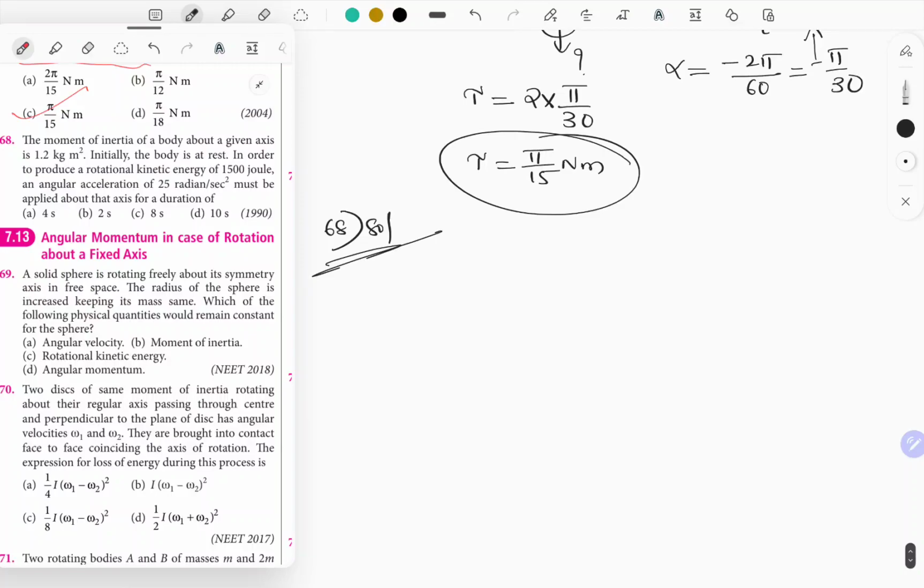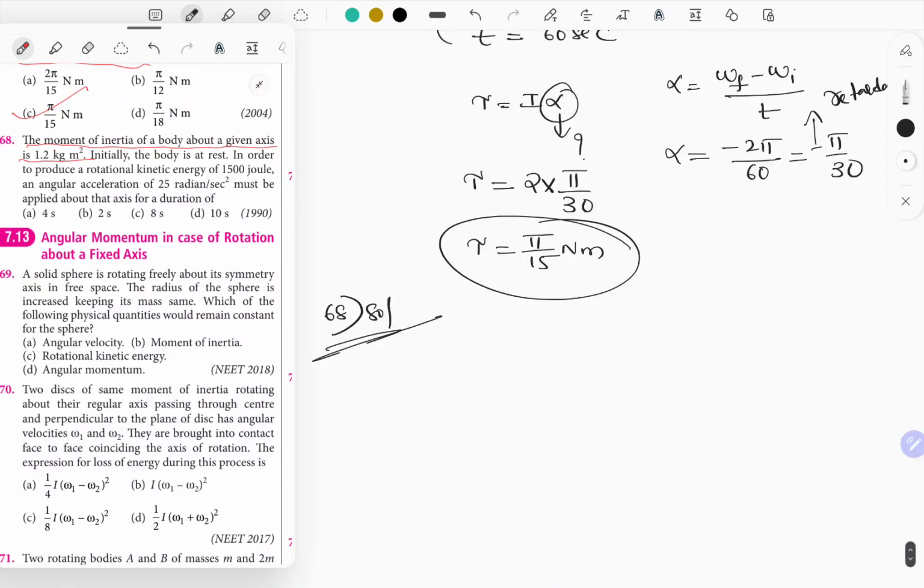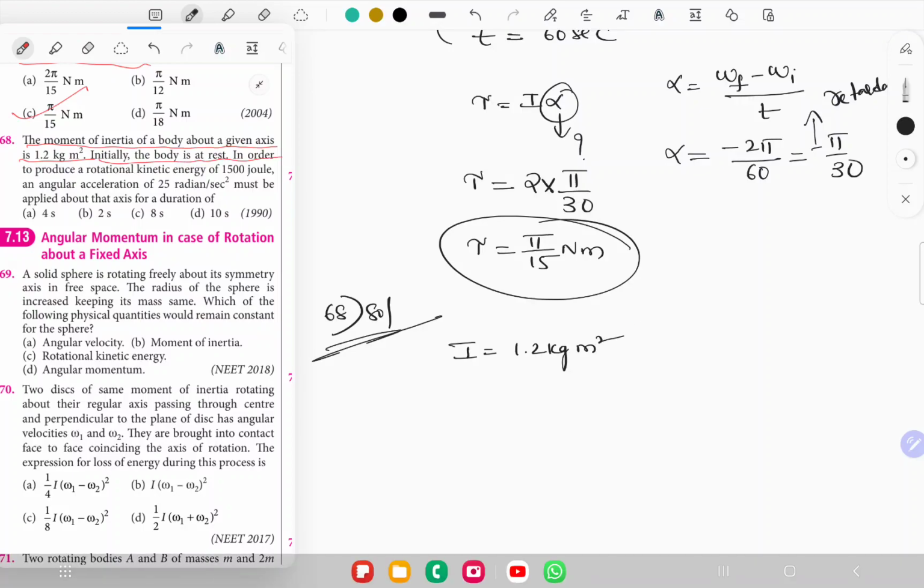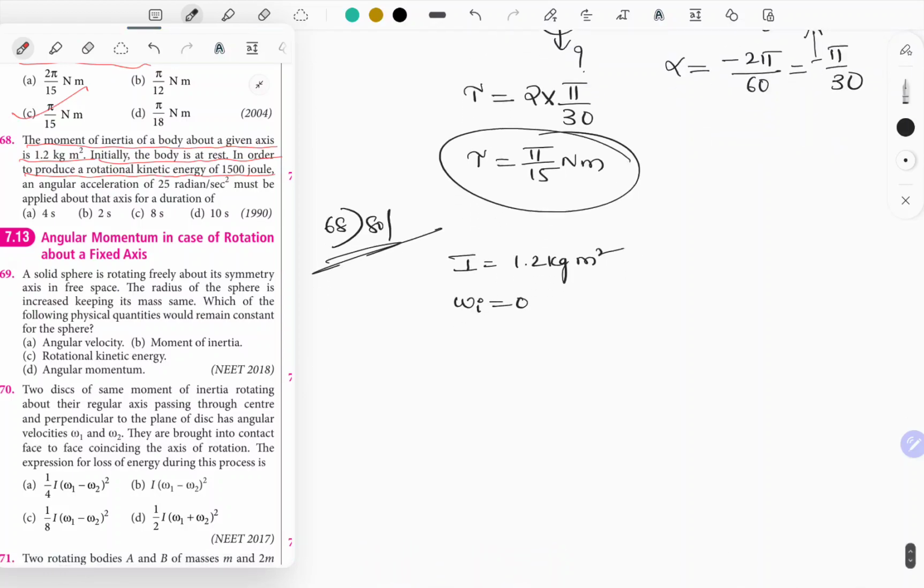In question number 68, they have given data like this. The moment of inertia of a body about a given axis is 1.2 kg meter square. Initially, the body is at rest, that means initial angular velocity is equal to 0. In order to produce a rotational kinetic energy, the formula is 1 by 2 I omega square, which is equal to 1500 joule.